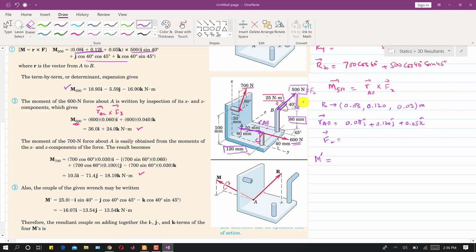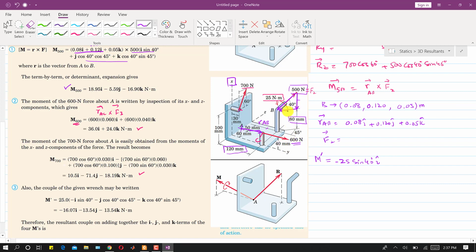So if I draw that, this will be its one component like this, and this component is along the negative x-axis. I can write that if this angle is 40, then this component will be 25 sine of 40 degrees along i, but in the negative direction. Then it will have this component as well, which will be in the YZ plane.